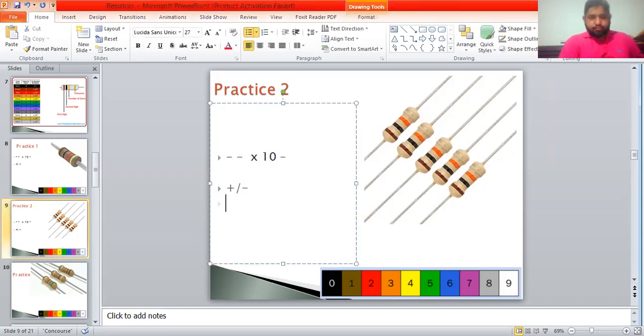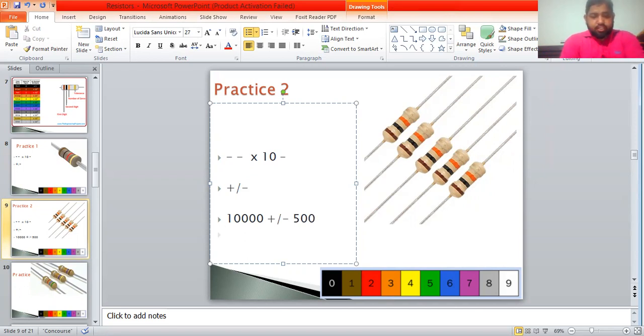So you can write it like this. If we have 10,000 plus minus 500, you can write it as 10 kilo ohms plus minus 0.5.